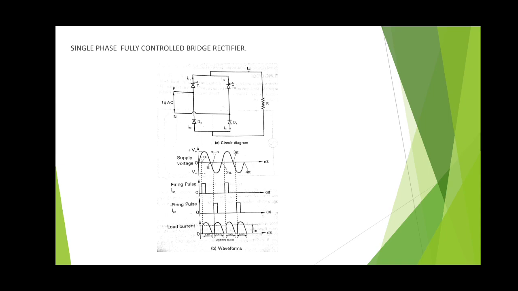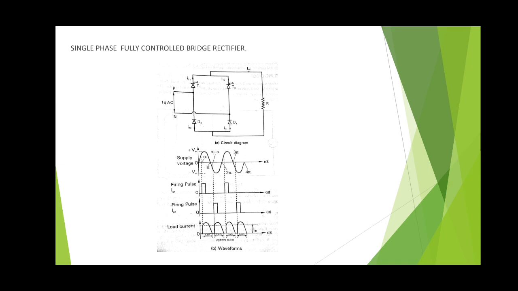During the positive half cycle of the AC input, thyristors T1 and T2 will conduct and current flows through the path P, T1, R, T2 and N. During the negative half cycle of the AC input, thyristors T3 and T4 will conduct and the current flows through the path N, T3, R, T4 and P.